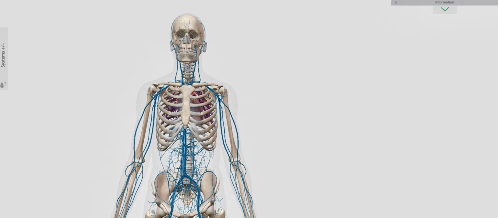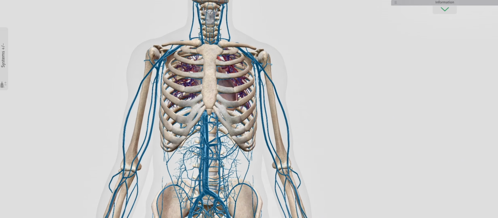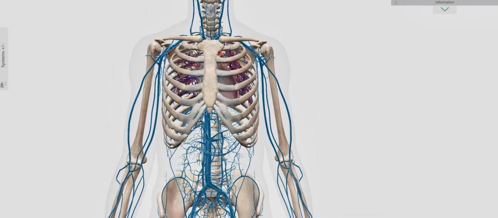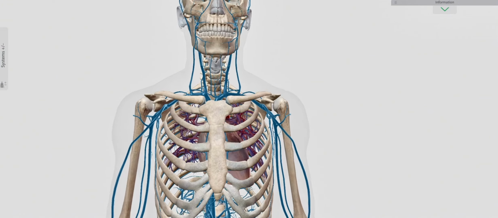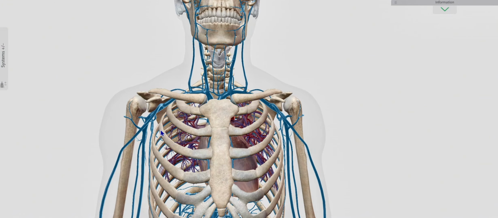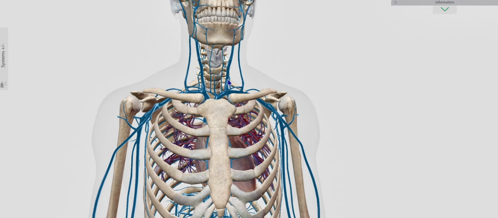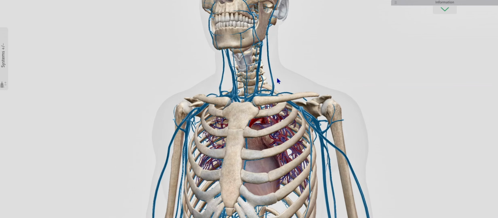The most common veins that are going to be talked about in EMS circles, we'll talk quickly about some access points. So remember, veins are where the IVs are going to be started. The jugular veins, there's an internal and an external jugular vein, and it is a common place for paramedics to start an IV in somebody that's in cardiac arrest or unresponsive.